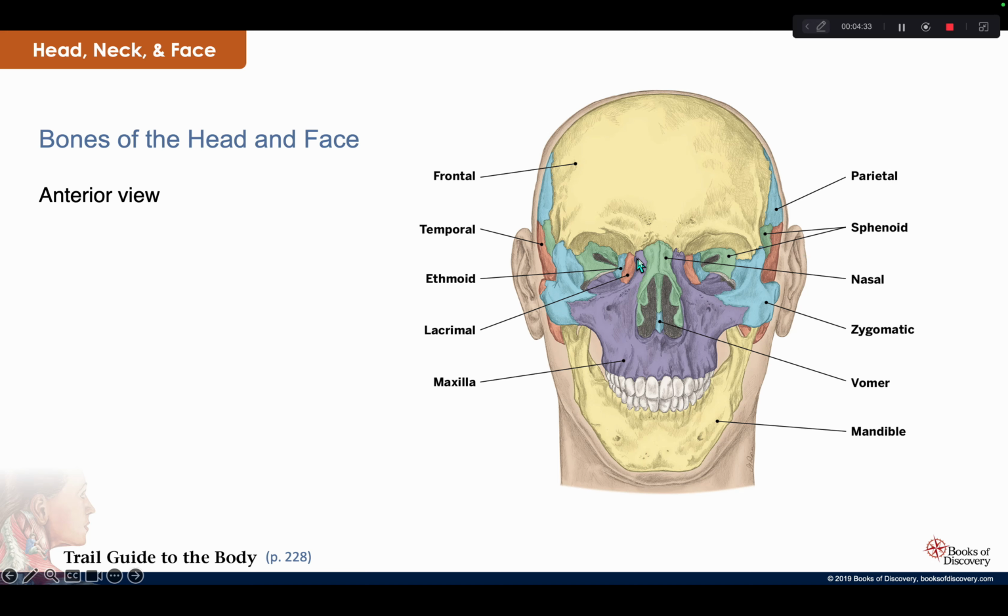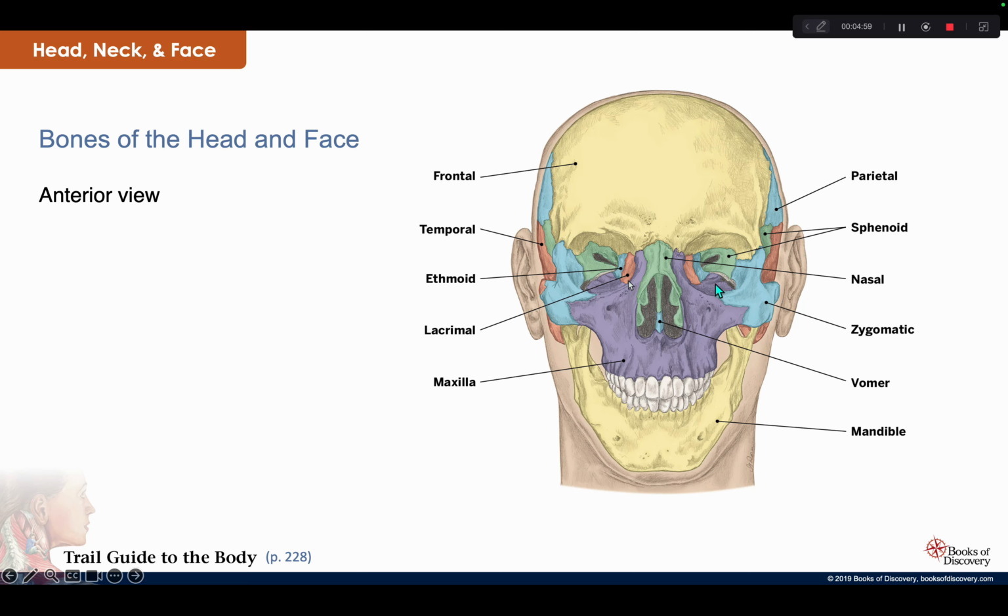Let's continue around the eye. In the eye socket here, you have something called the ethmoid bone. Right next to that, closer to the nasal bone, would be the lacrimal bone. Just think tear ducts are kind of in this area once the tissue is built up over this skeletal structure.